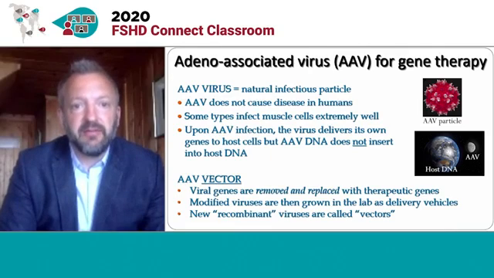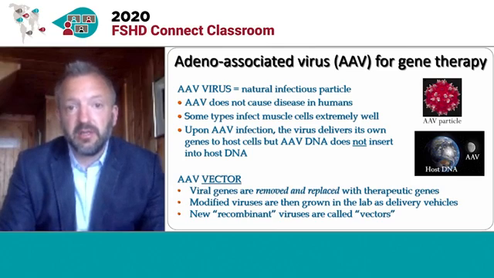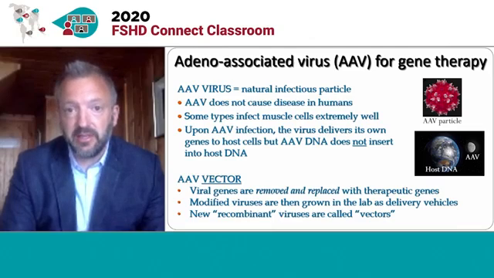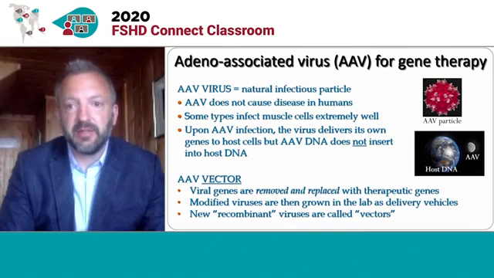So upon AAV infection, these viruses deliver their own genes to host cells, but those genes do not insert into the host cell DNA. So when we deliver, or if a natural AAV virus infects you, it'll inject its DNA into your cells, but its DNA exists outside.